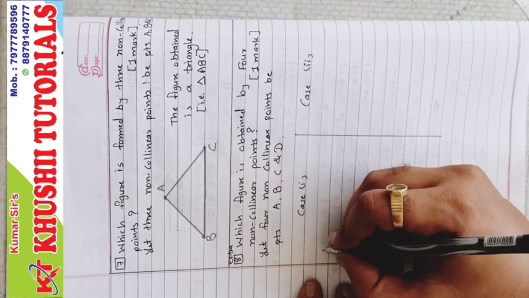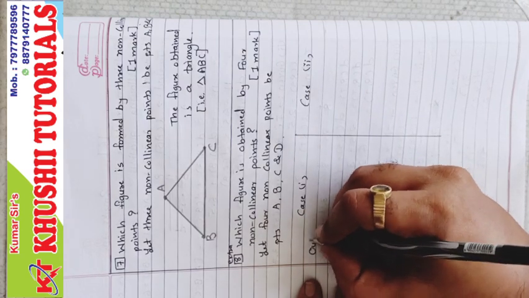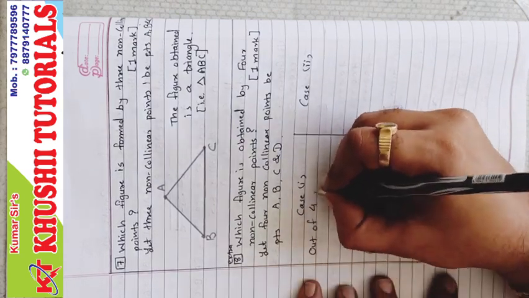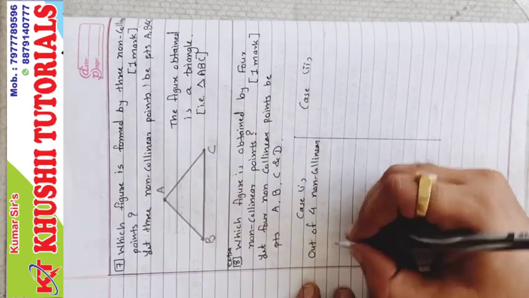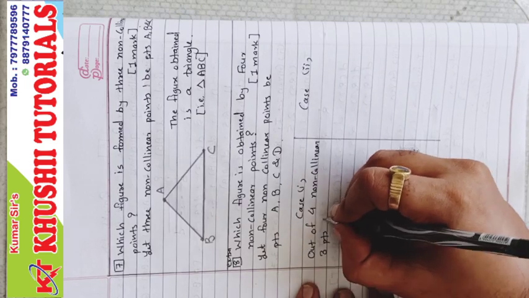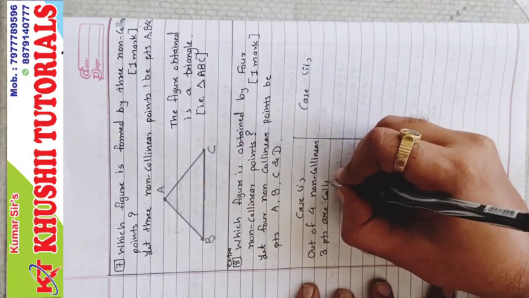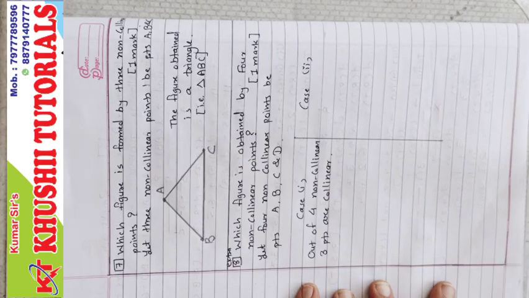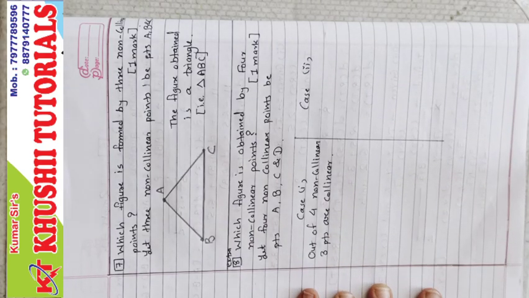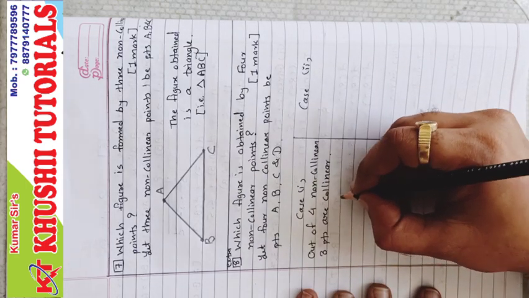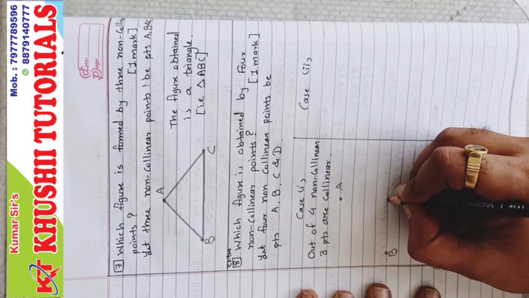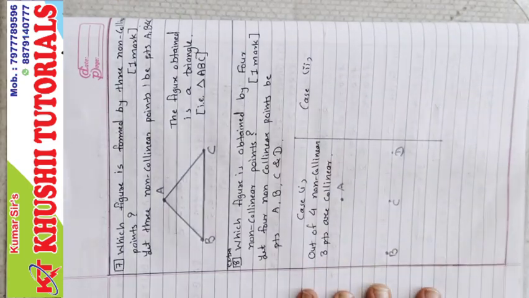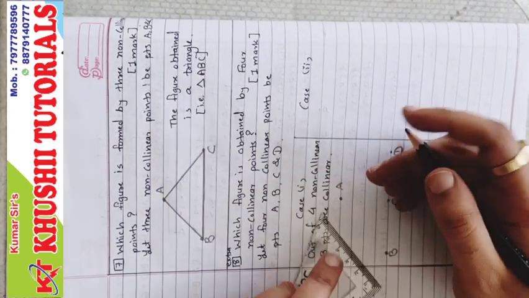So out of 4 non-collinear points, 3 points are collinear. Therefore, let's draw this. 3 points are collinear, and the 4th one non-collinear. I'll take A here, and B, C, and D. Correct?